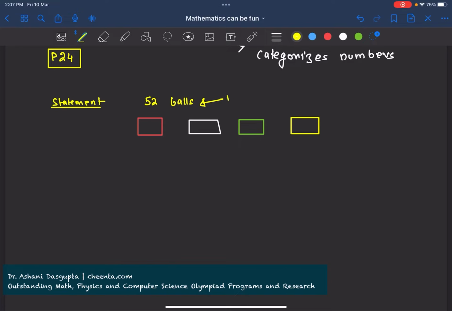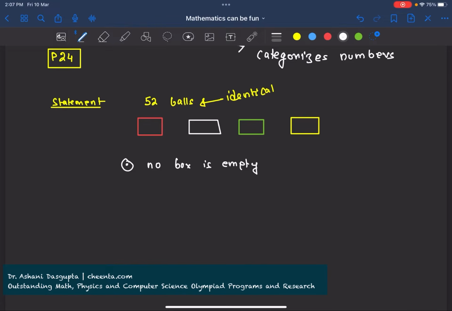The balls are identical, and we want to distribute these 52 balls in these 4 boxes, and the question is how many ways we can do that. But there are some additional conditions. So the first condition is no box is empty.